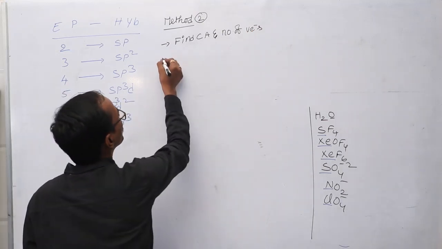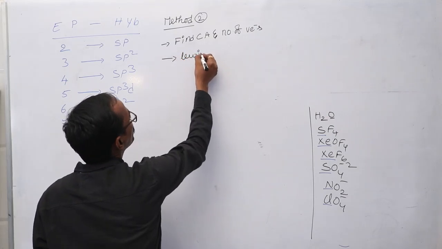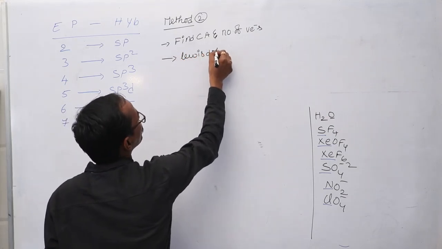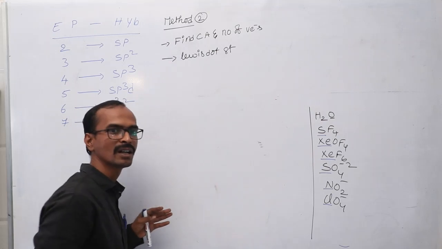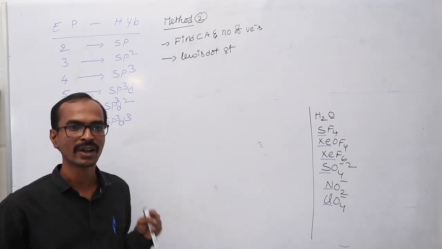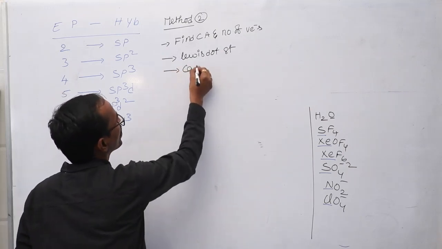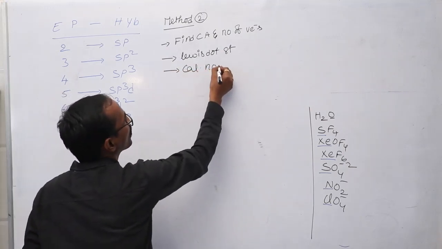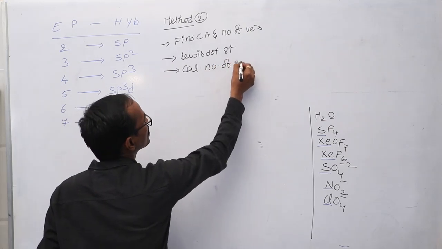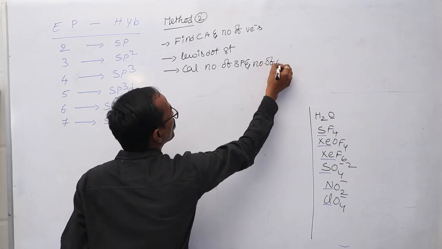Second one, in the first class we discussed, write the Lewis dot structure for the given molecule or ion. After drawing the Lewis dot structures, calculate the number of bond pairs and number of lone pair electrons.